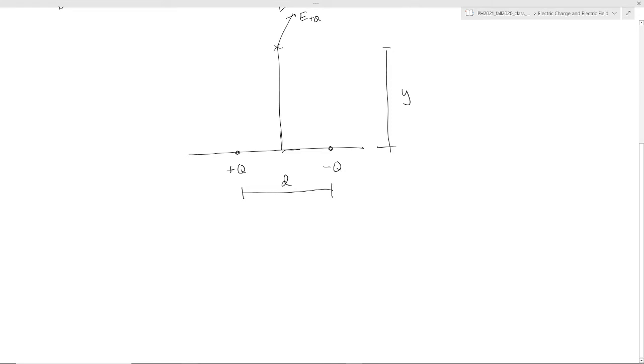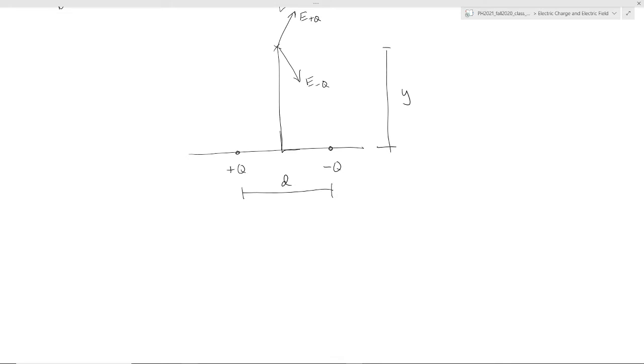There would also be an electric field contribution from our negative charge that would be pointing along that line, toward it. And those contributions would be the same magnitude because they're the same distance if we're on the bisector.